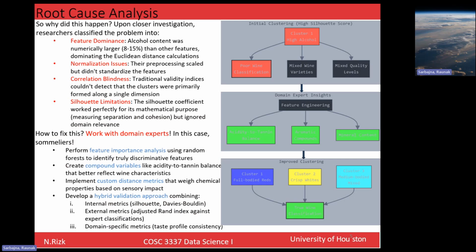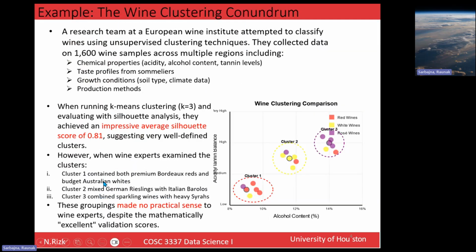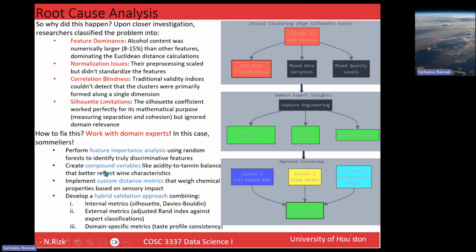Because of that, they were unable to see, before the experts came along, that the clusters were formed along a single dimension rather than the full multi-dimensional, multi-attribute data set. And the silhouette coefficient, which was pretty high, like 0.81 is pretty good, we'll see why later, was not working very well in this particular condition, right? Because it was giving high silhouette scores, but the actual things that they were clustering were pretty bad.